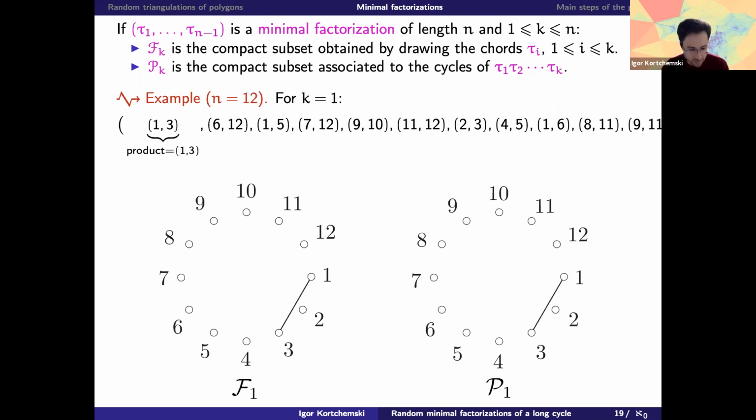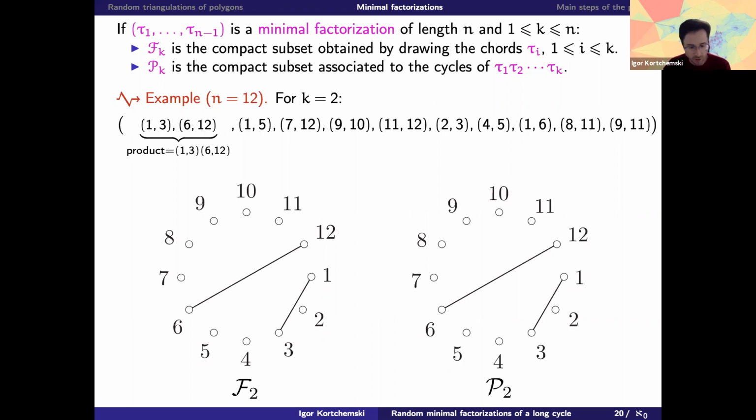So we read the first transposition, 1, 3. Here we draw the chord 1, 3 in both cases. Then we read the second transposition, 6, 12. On the left, we always draw chords with endpoints the numbers we read in the transposition.